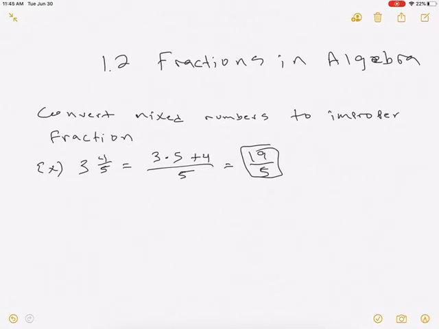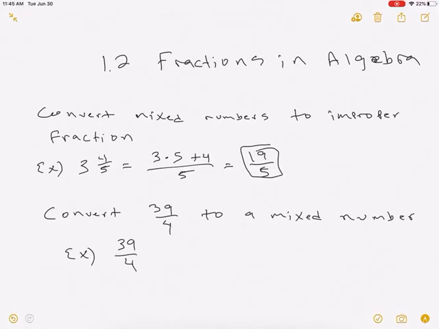Now we're going to go in the other direction. We're going to convert 39/4 to a mixed number. The way we go the other way is how many 4s fit into 39, or the simple division that looks like this.